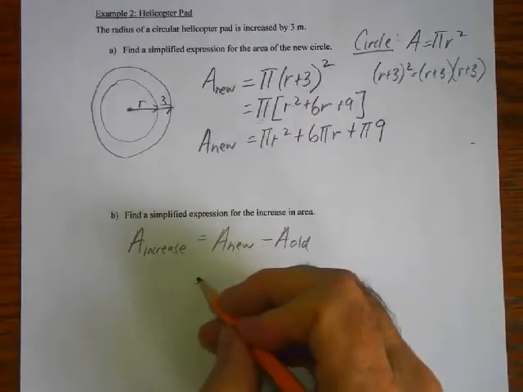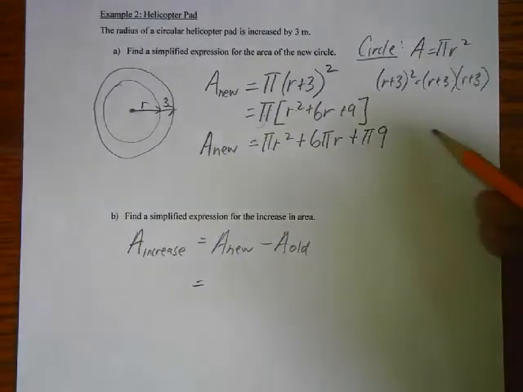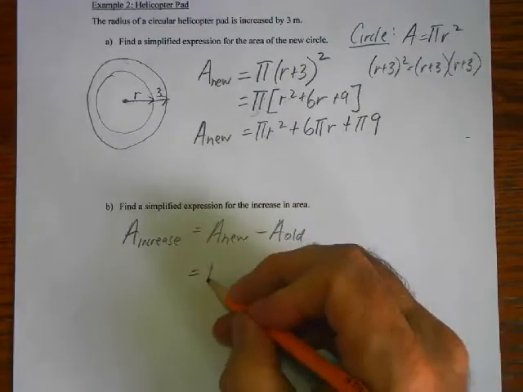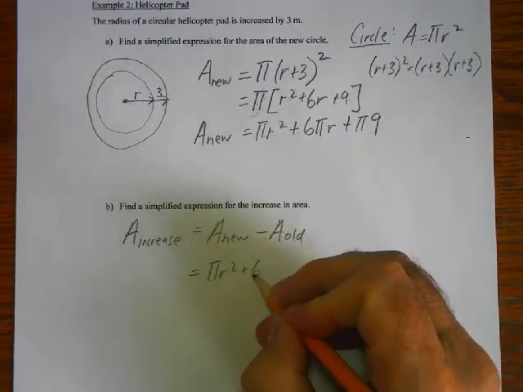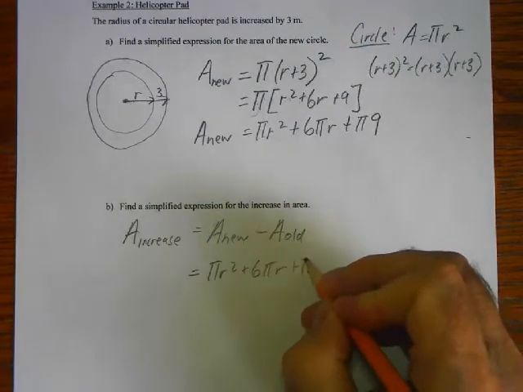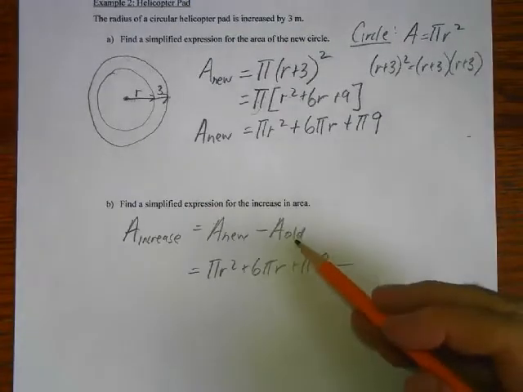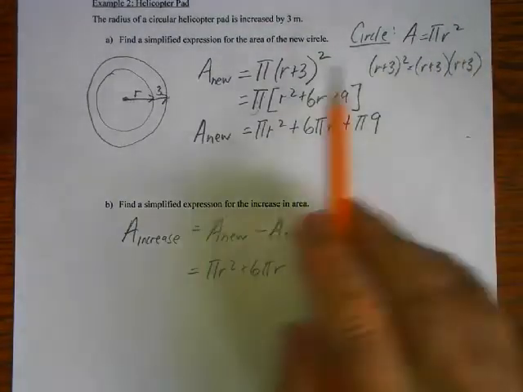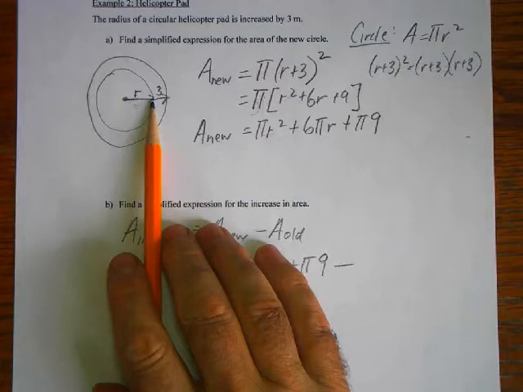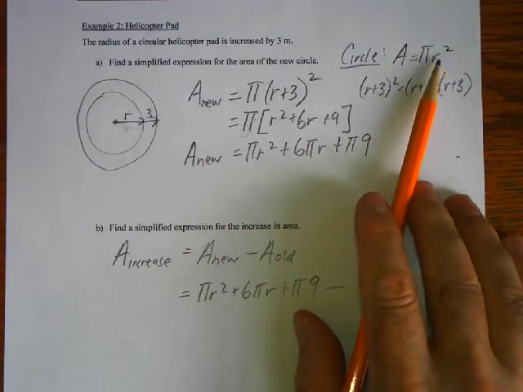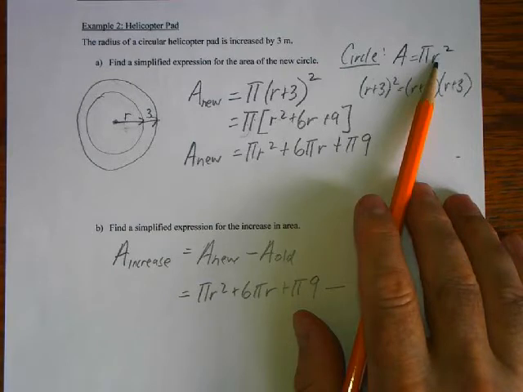Okay, now we already know the new area, we just did that. So I'm going to replace this with pi r squared plus 6 pi r plus pi 9. Now I'm going to subtract. So what's the original area? Well, the original area just used a radius of r. So I can go back to my formula here, and if I just replace r with r, it's really not changing the formula.